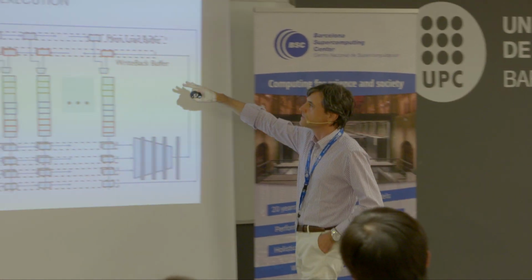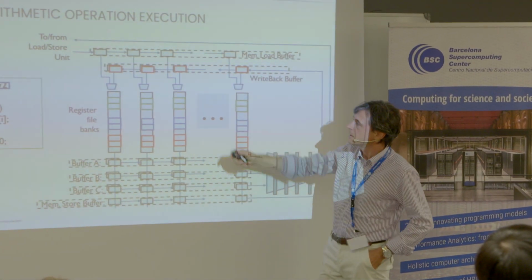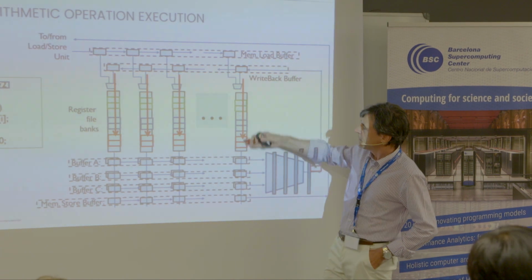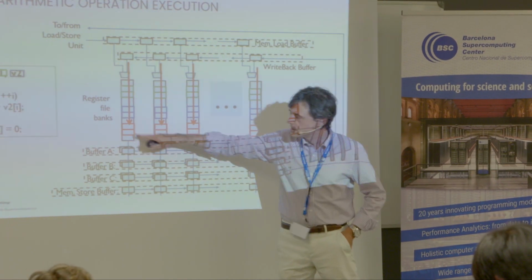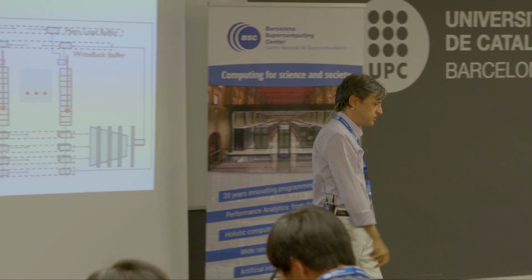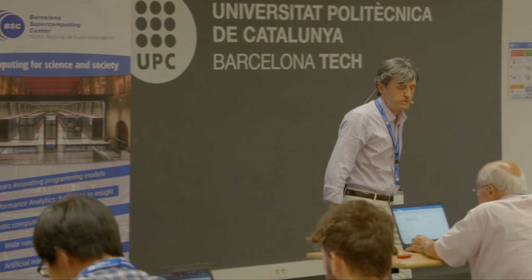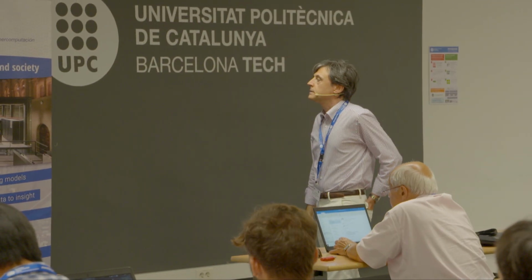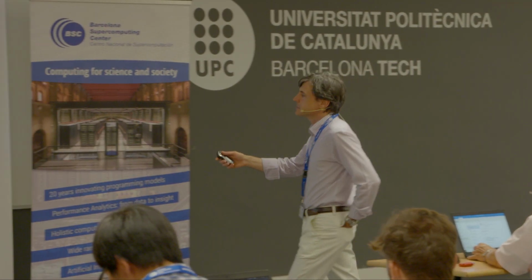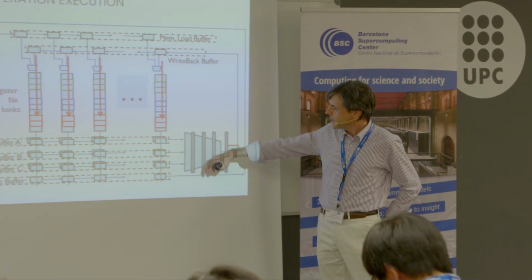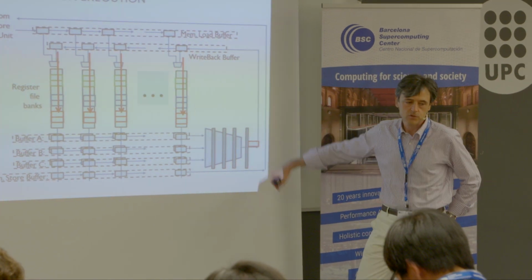When the write-back buffer is full, in a single cycle, we write down the elements that we have produced into the destination locations of the register file. And so we can go on like this. In this way, we have 100% utilization of the functional unit.